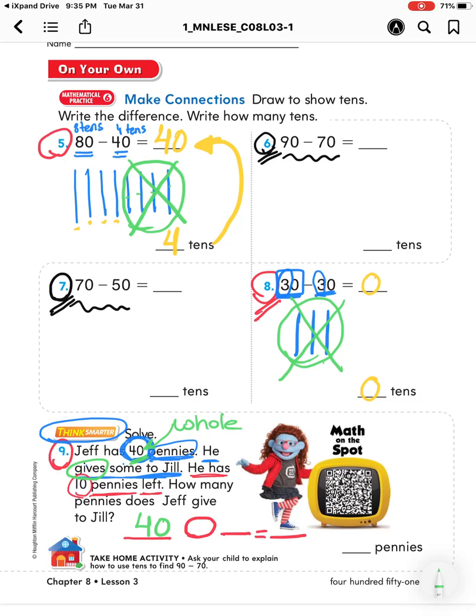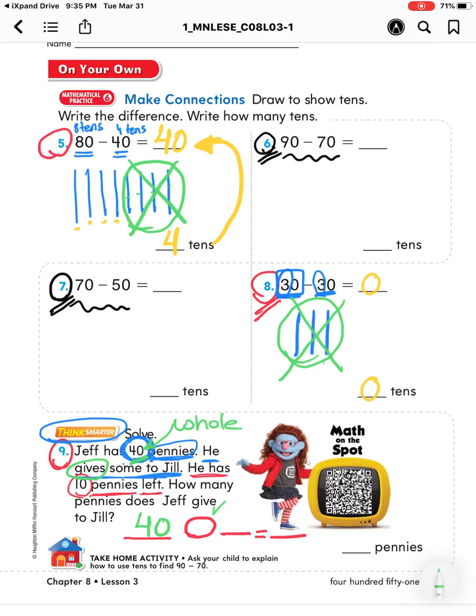Of course it will be smaller, because you took from your pencils and you gave to your friends. Now the same here. Jeff has 40 pennies and he gives some to Joe. So he took away some, which means we have subtraction.